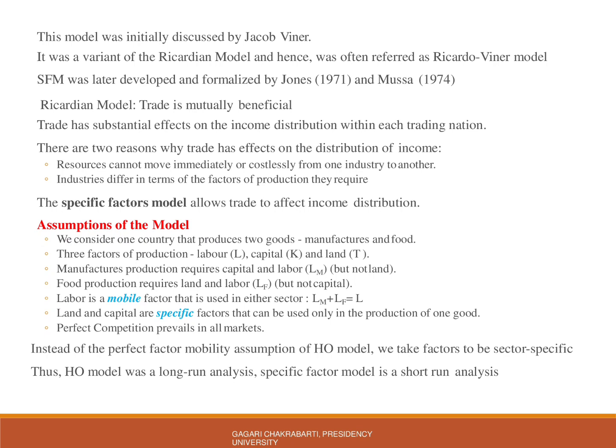So, there is no question of land return or capital return being equalized. The last assumption is that there will be perfect competition in all the markets. With all these assumptions, we shall now move on to the details of the specific factor model.